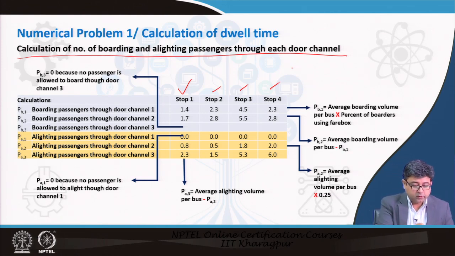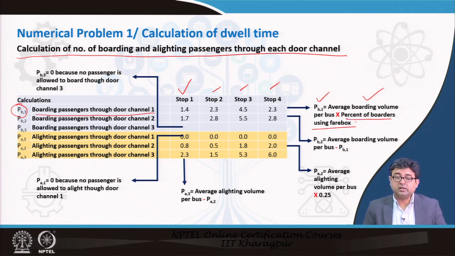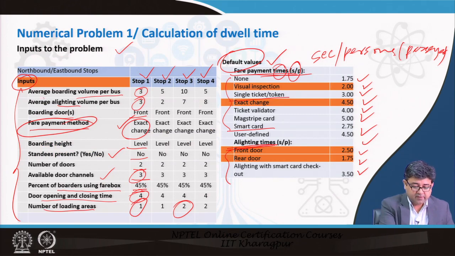So, if you want to calculate, for example, what is called PB1, which is the boarding passengers through door channel 1. Okay. So, what you have to do is average boarding volume per bus multiplied by the percentage of boarders using fare box. Now, these two values have already been given to you as input parameters. For example, the average boarding volume per bus in stop 1 is 3.